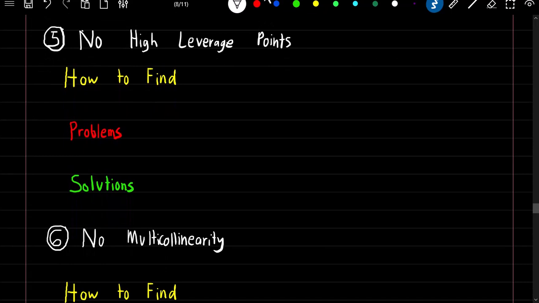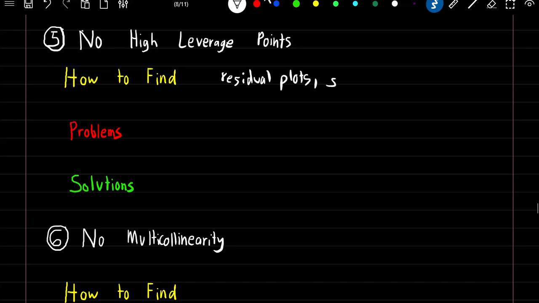The fifth assumption of linear regression is that you have no high leverage points or unusual x values. How do you find them? The same way you would find an outlier. It's either in your residual plots, your scatter plots, or algebraically.